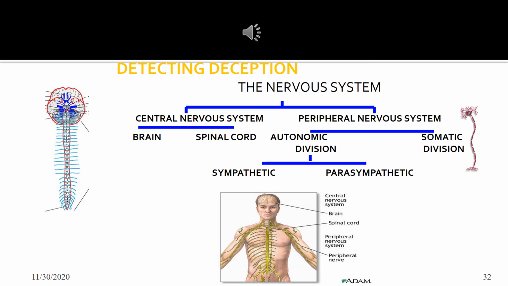All those sort of things occur. The parasympathetic is saying, calm down, everything's okay, relax, it's good, and you have that internal fight. This is not part of what we see in statement analysis, because for one thing, the person is writing their statement in many cases. It's not the autonomic nervous system that we're evaluating here.